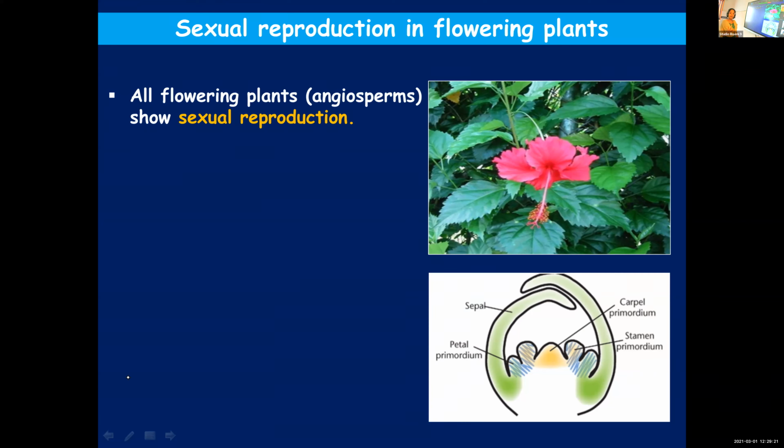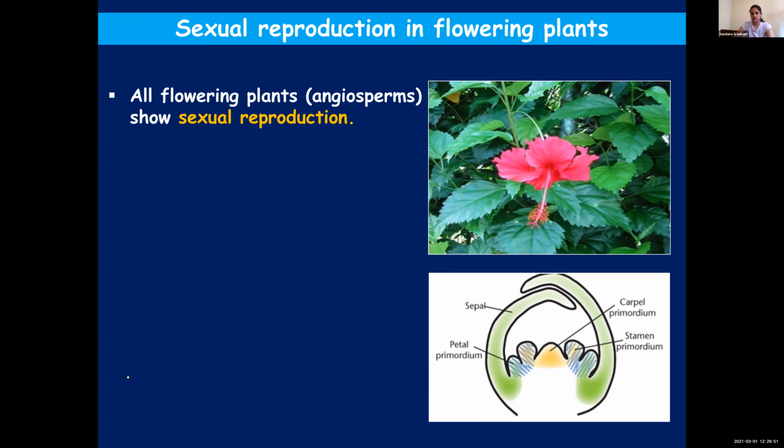A flower is the reproductive part of a plant. Hope you know the differences between angiosperms and gymnosperms, which we learned in class 9. Anybody remembering the major difference between angiosperms and gymnosperms? Question is open to all.